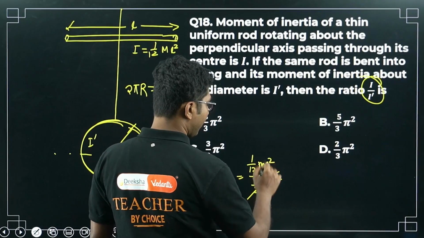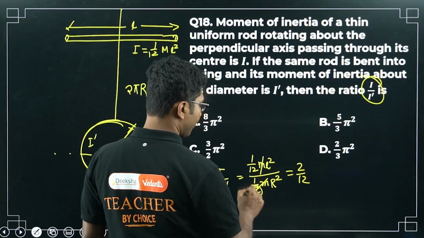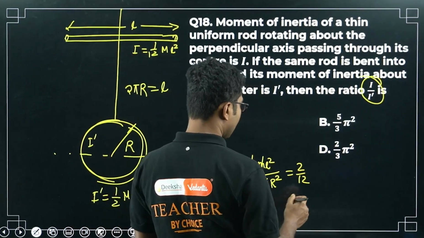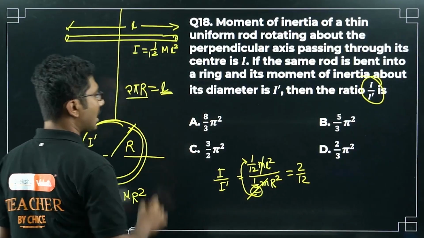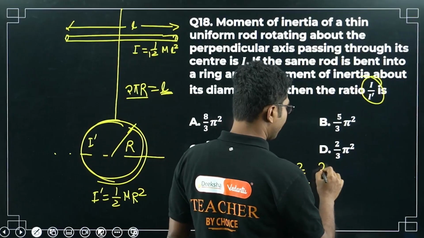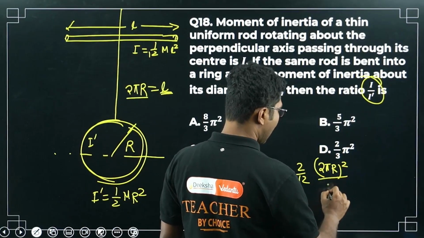So m cancels. 2 by 12, this 2 will go up, and L square, where L is 2 pi r. So put the value: 2 pi r whole square divided by r square.